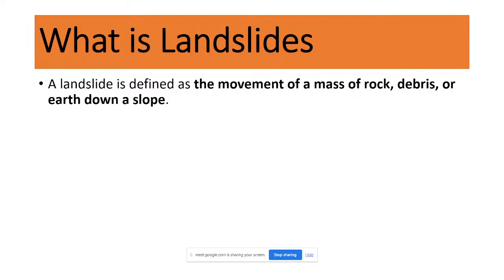There are a lot of causes for a landslide, such as heavy rainfall, which is one cause, as well as slope instability and earthquakes. Then also human activities such as construction, mining, and deforestation. There are anthropogenic causes and natural causes, as well as erosion, such as water erosion by rivers and coastal erosion.